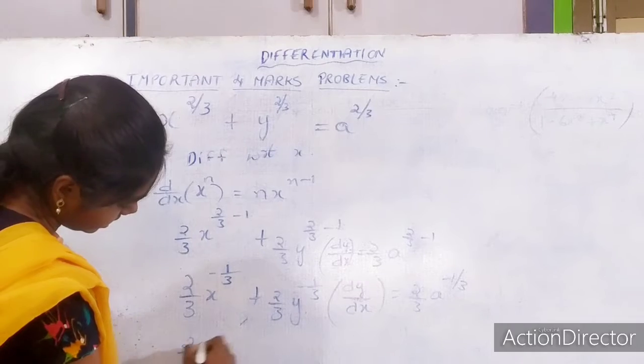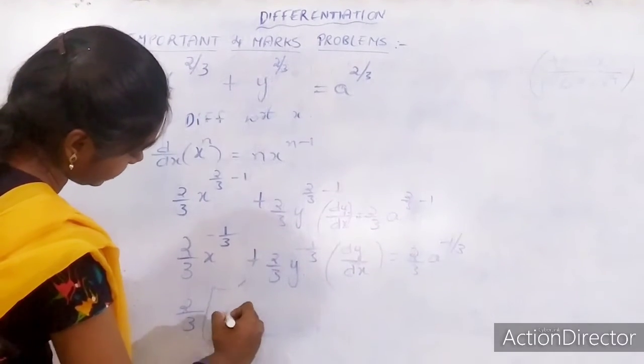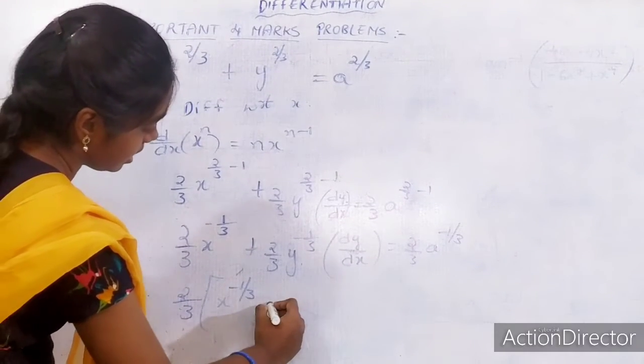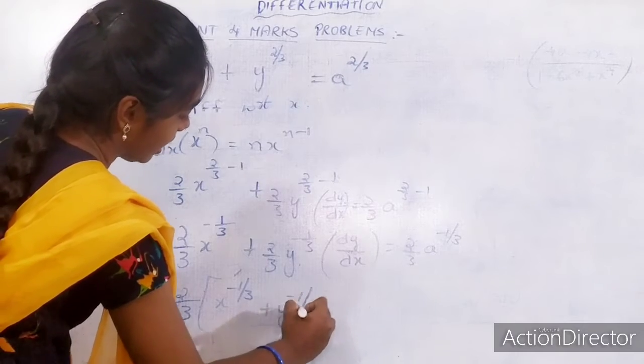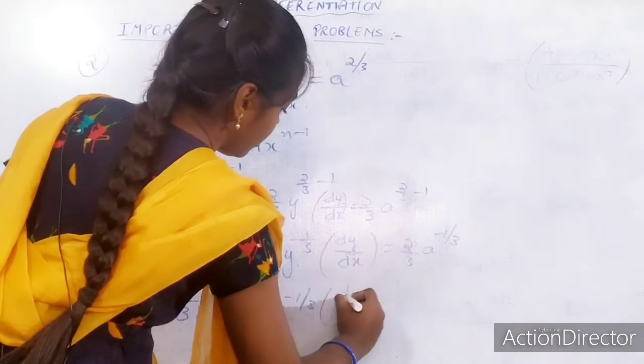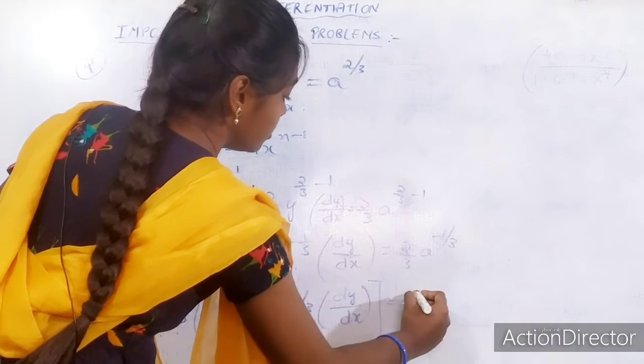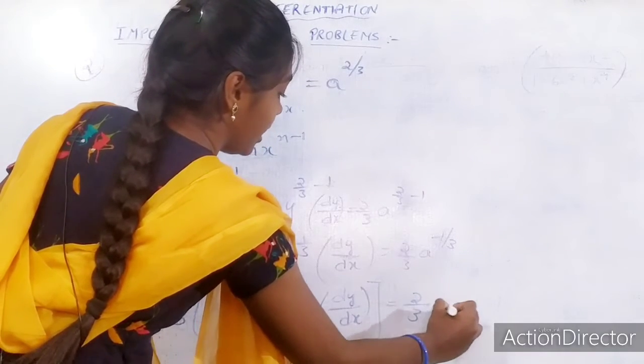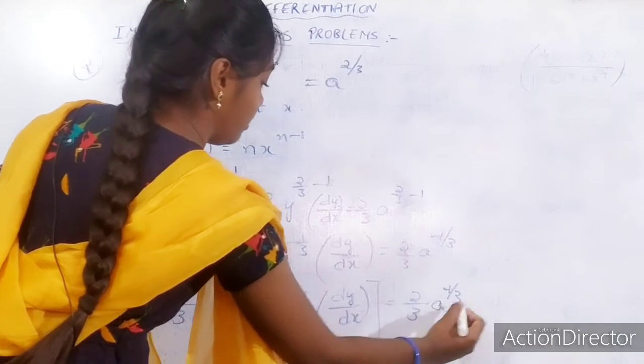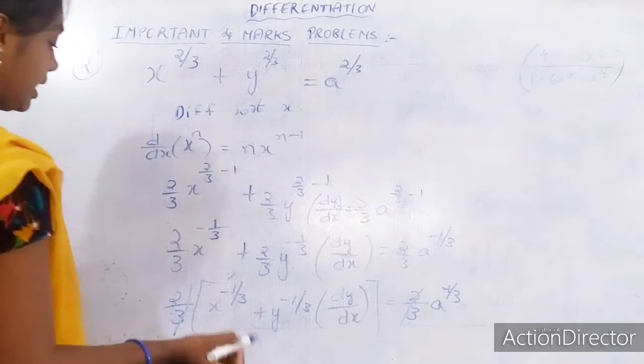Take common 2 by 3 on the LHS side. x to the power of minus 1 by 3 plus y to the power of minus 1 by 3 into dy by dx is equal to 2 by 3 into a to the power of minus 1 by 3. 2 by 3 gets cancelled.